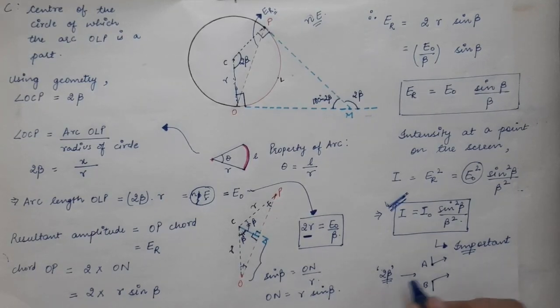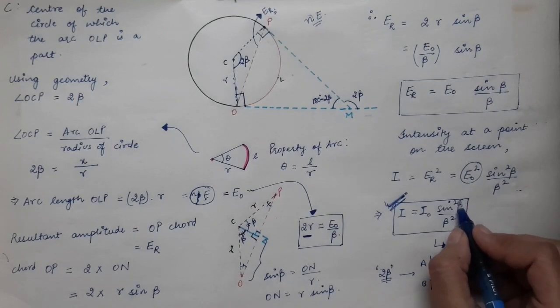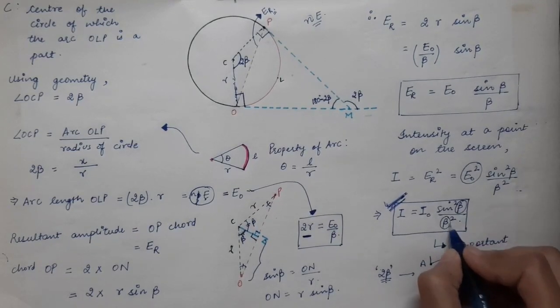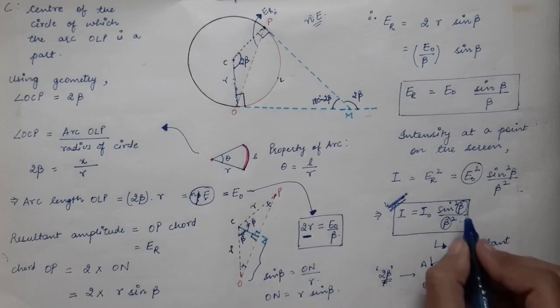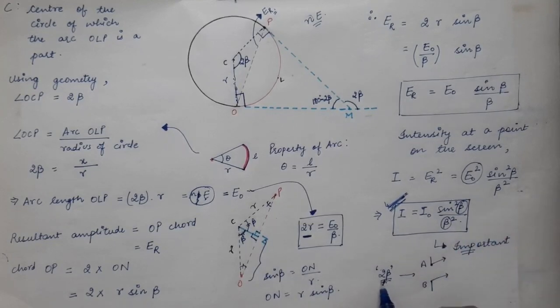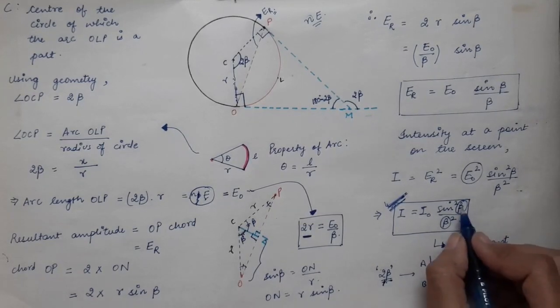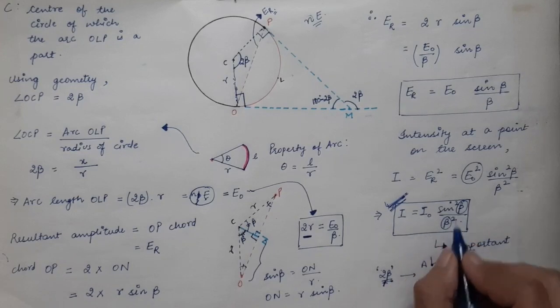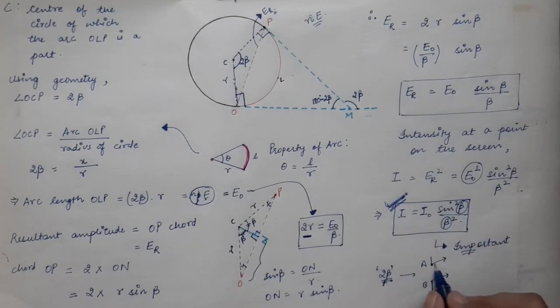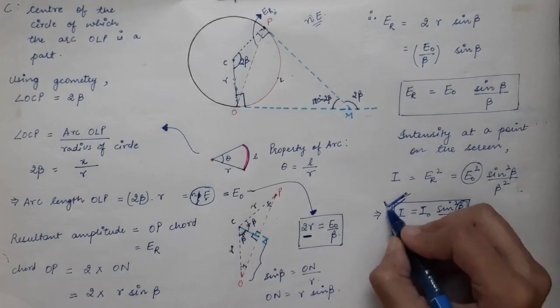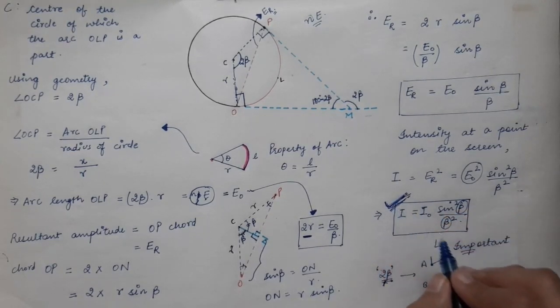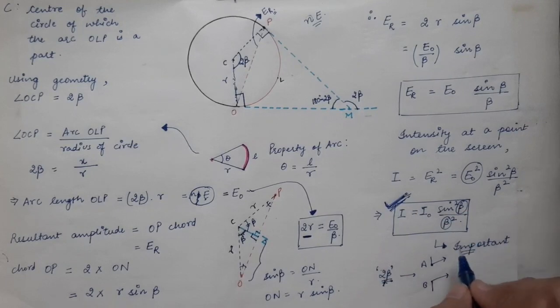So this beta which we are using is half of this angle. So here it is beta and this angle is twice of beta. So this angle which we are using in this formula is half of the phase difference between these two light rays, and this is the final result of intensity at a particular point on the screen due to diffraction.